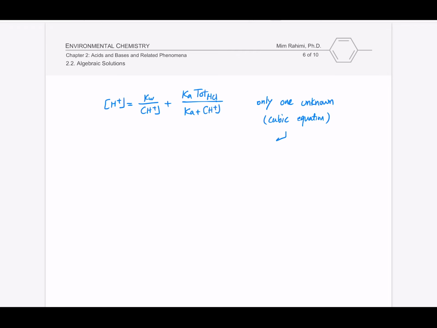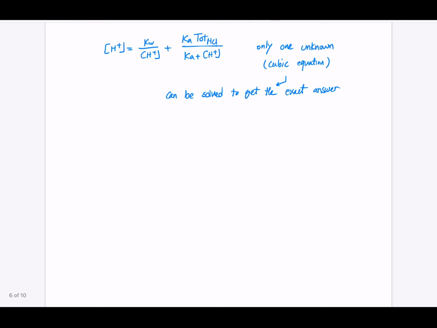So this can be solved to get the exact answer, but let's do a little bit of simplification.